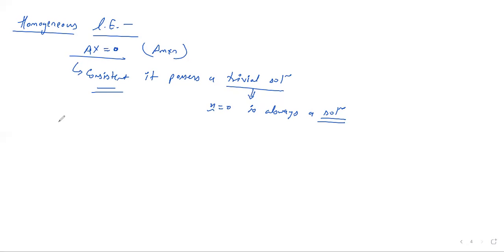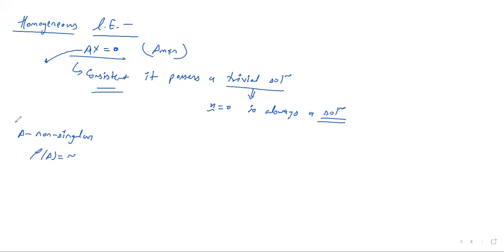Okay, so now we want to know if there is at least one non-trivial solution. If there is at least one non-trivial solution, then it's of interest to find the set of maximum number of linearly independent non-null solutions. So what do we have? A here is the coefficient matrix, and if our A is non-singular in this format Ax = 0, that means we have rank of A equal to n.